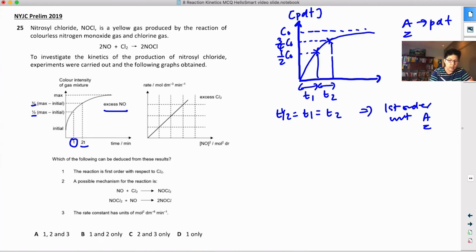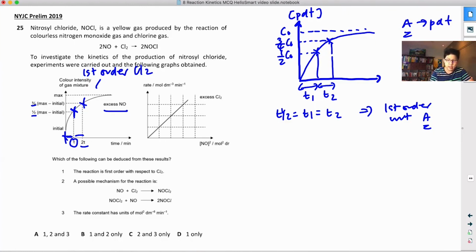So the time taken to move from here to here, and from here to here, is the same. It means there's a constant half-life, so it is first order. This graph tells you it's first order with respect to the limiting one, which is chlorine.